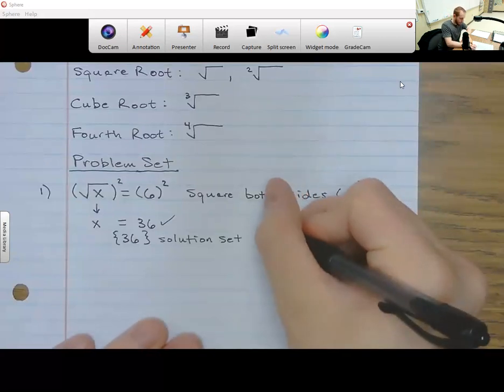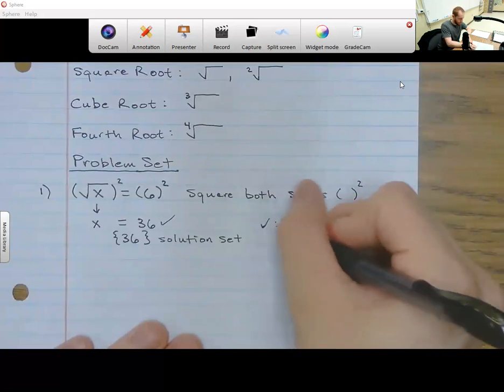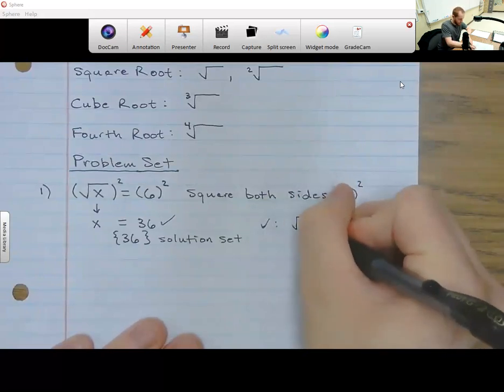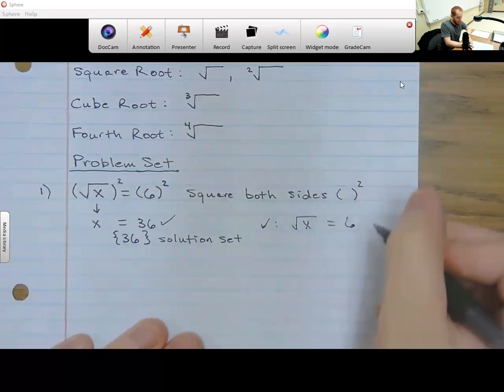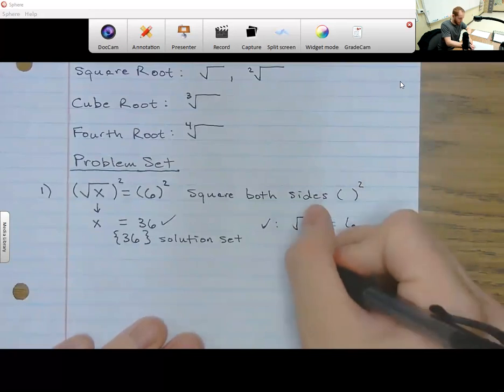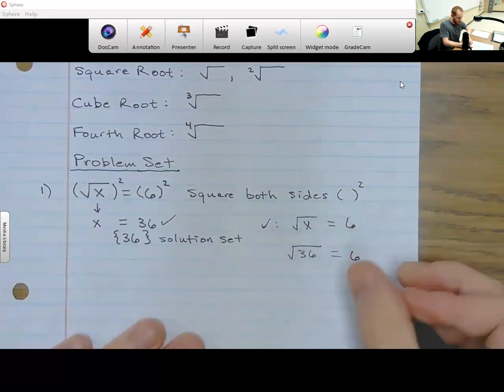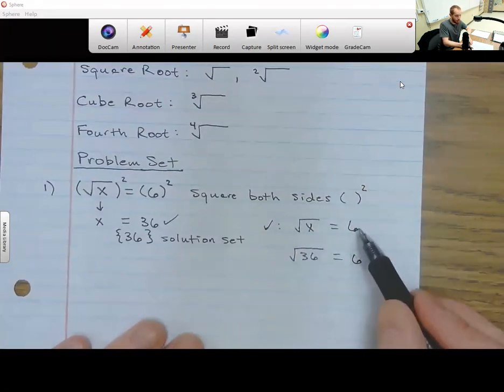I'm just going to write down my original equation, which is square root of x equals 6. And then I'm going to plug in 36 for x and see what happens. So I get square root of 36 is equal to 6. Notice the right side has not changed.